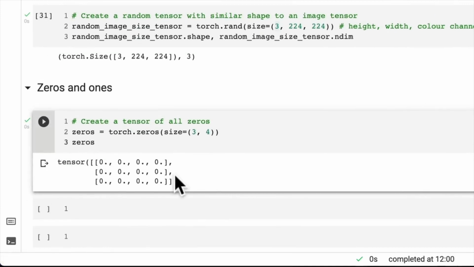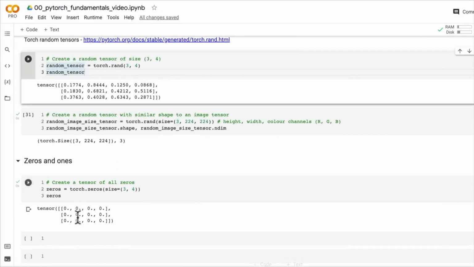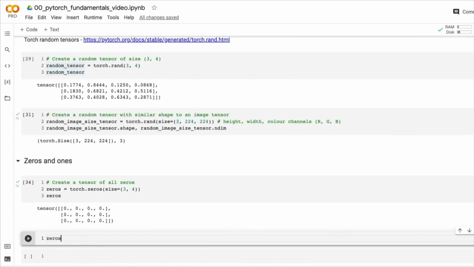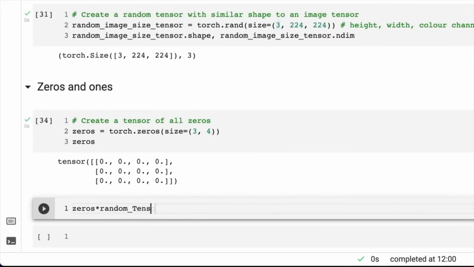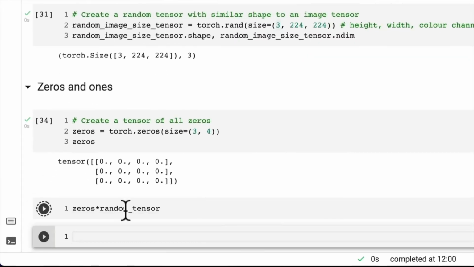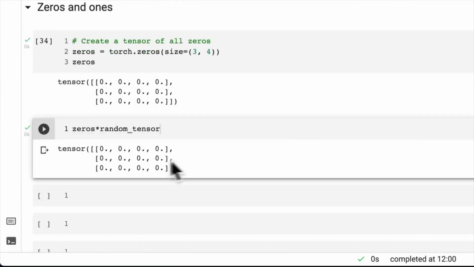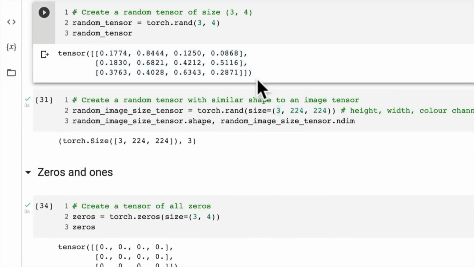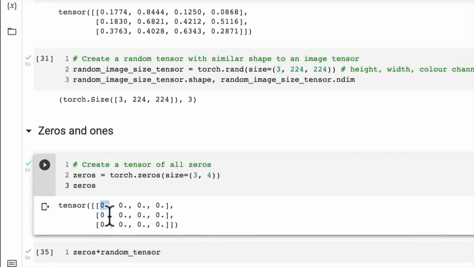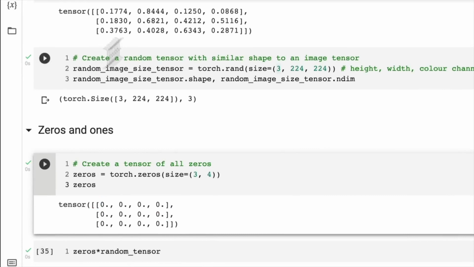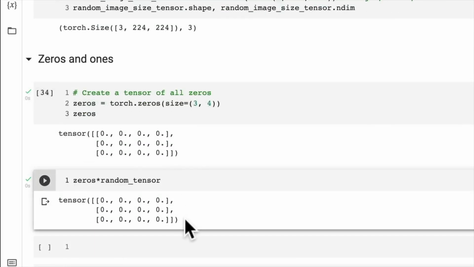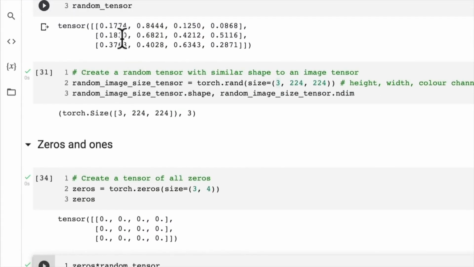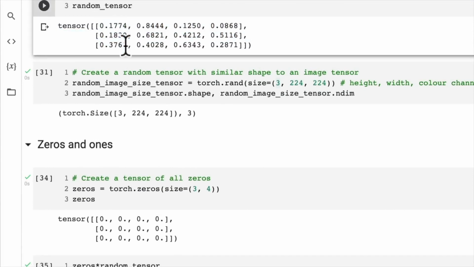All zeros. So if we wanted to multiply these two together, let's do zeros times random tensor. There we go, all zeros. So maybe if you're working with this random tensor and you wanted to mask out, say, all of the numbers in this column for some reason, you could create a tensor of zeros in that column, multiply it by your target tensor, and you would zero all those numbers. That's telling your model, hey, ignore all of the numbers that are in here because I've zeroed them out.